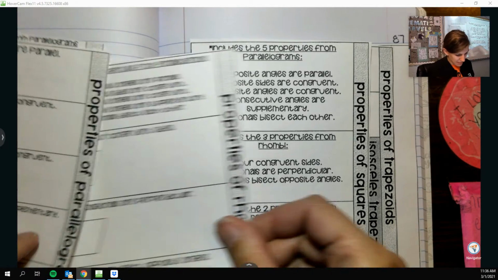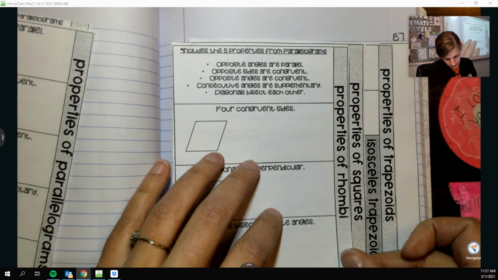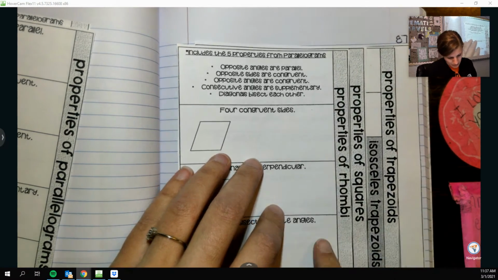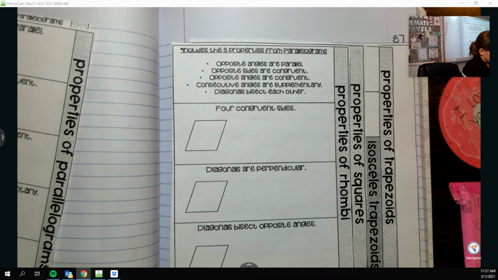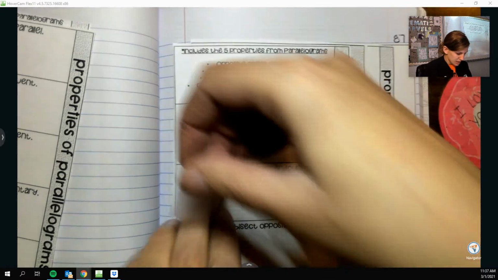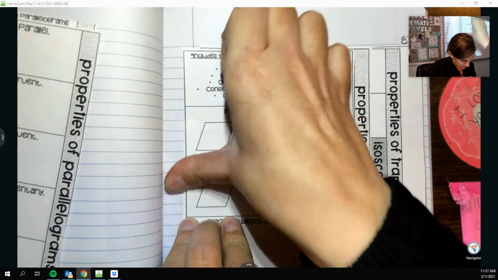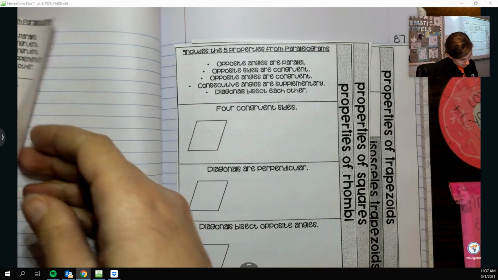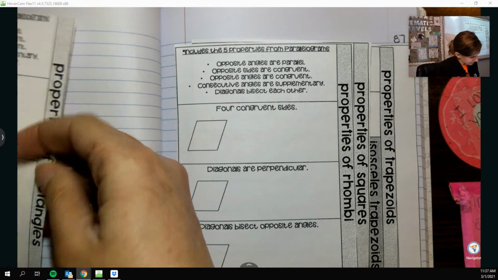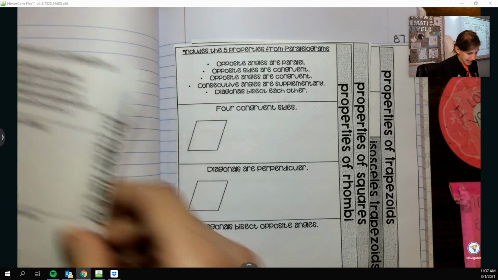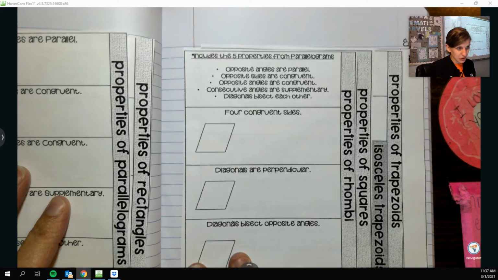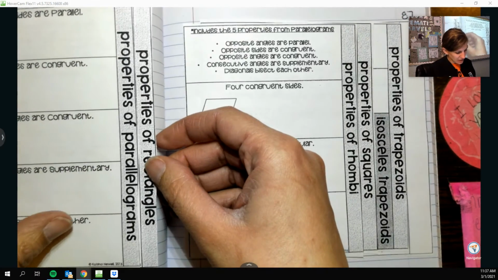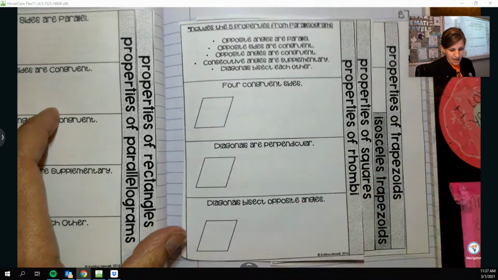Yeah, let's get the rhombus. So properties of rhombi, we'll put right here. And then we'll just put these two on the other side just because I feel like I'm getting kind of close. So we should have rectangles and parallelograms next.